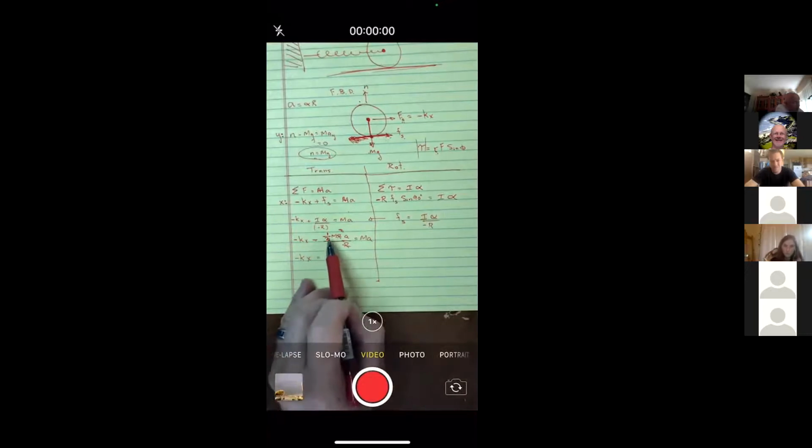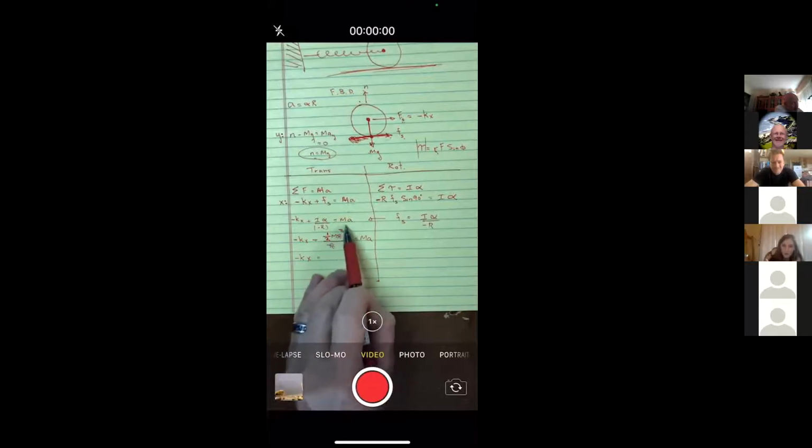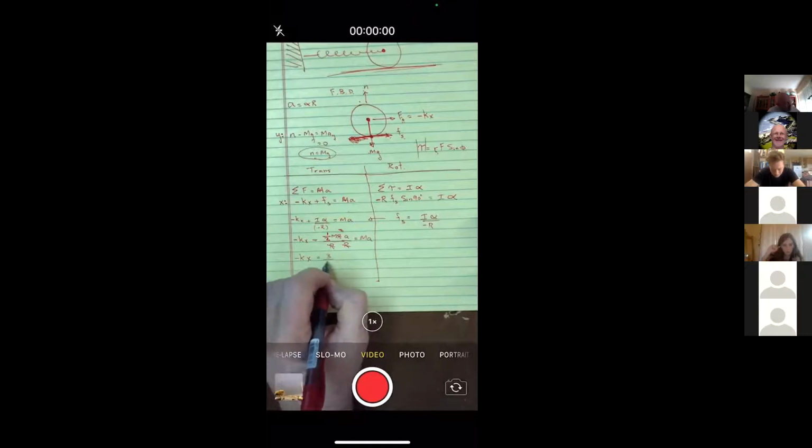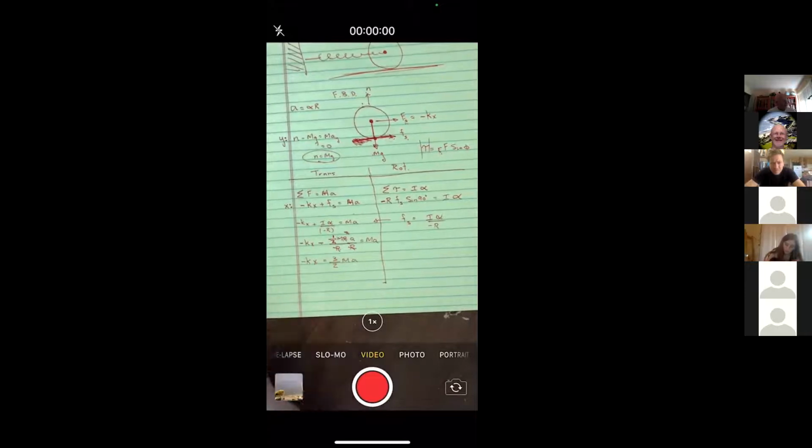And what I'm left with is this 1/2 MA. Now it has a negative sign, so when I bring it to the other side, it becomes a positive. Now I already have an MA over here, so there's 1 MA on the right, and I'm going to bring over another half. So I will have 3/2 MA when I bring those together.